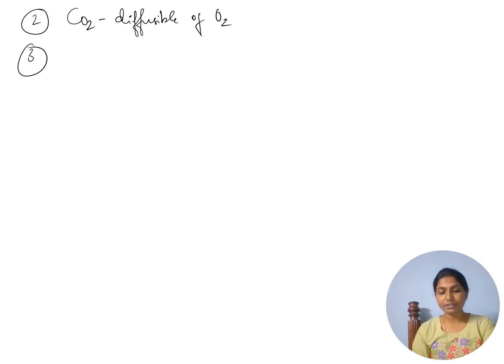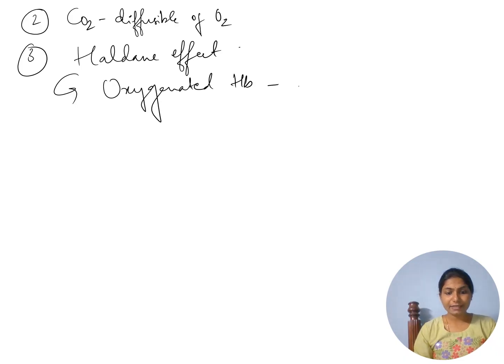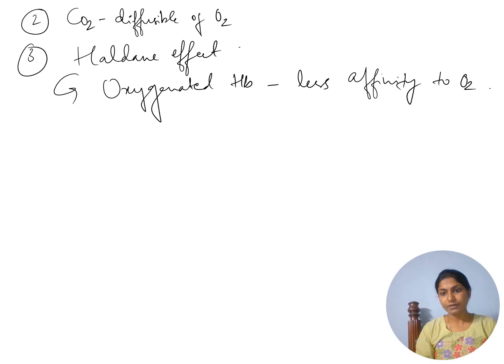And the third important thing is the Haldane's effect. So what is Haldane's effect? So this all we have read in our physiology and we have forgotten. So how do we apply that with respect to placenta? Oxygenated hemoglobin has less affinity towards the carbon dioxide, or it is not able to carry the carbon dioxide.